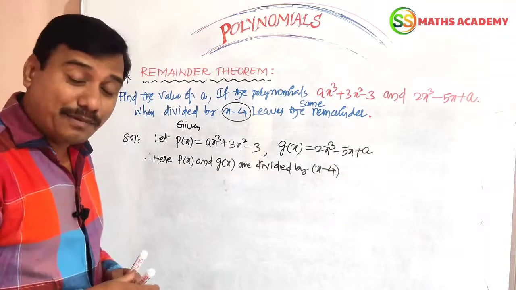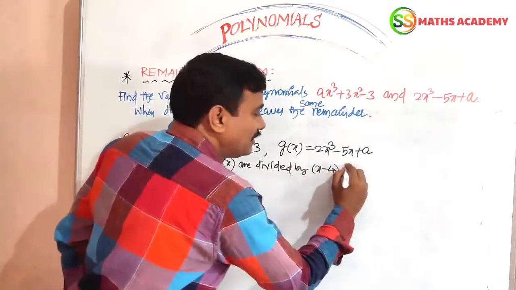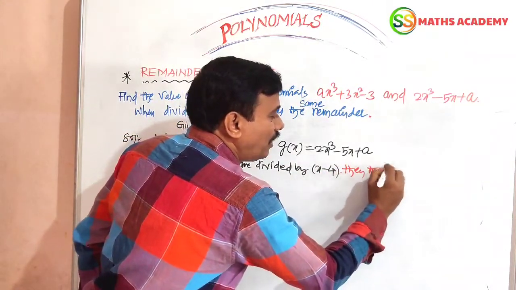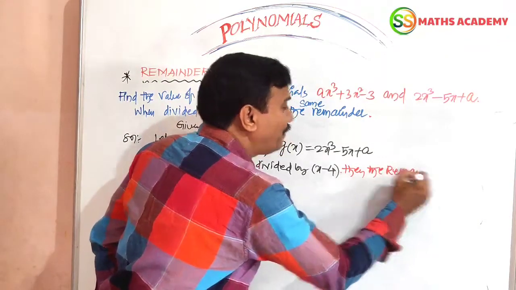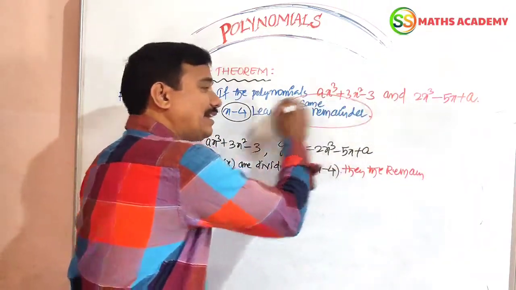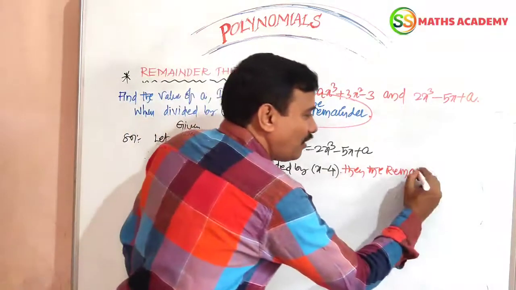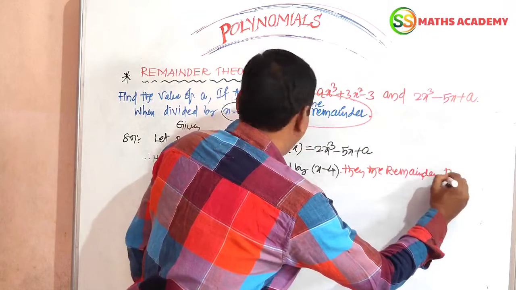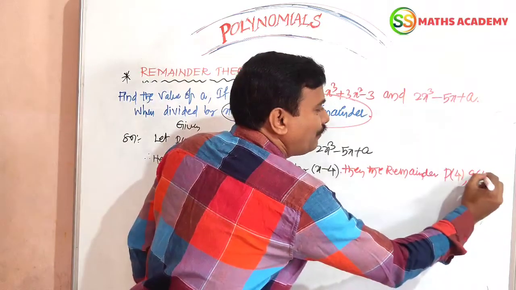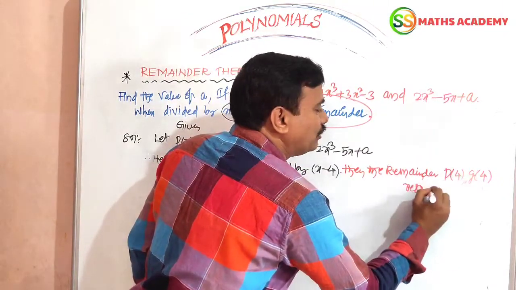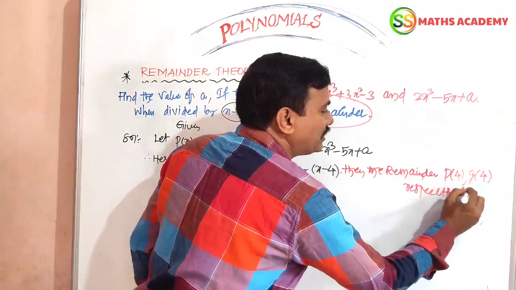Then the remainders are the same. Remember the keyword: then the remainders are p of 4, g of 4 respectively. Friends, remember, respectively.